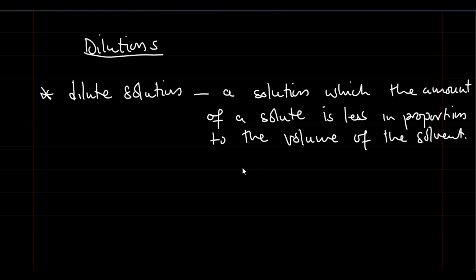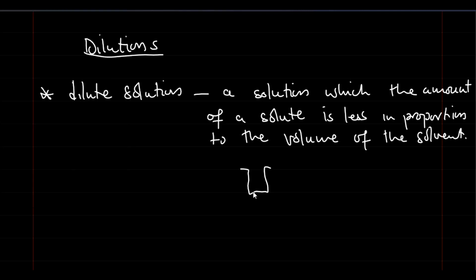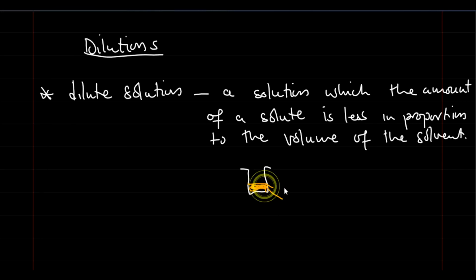So now what does it mean? The Oros example. So this is a glass, and there's Oros inside this glass. So now I add water. What is this Oros? It is a solute.